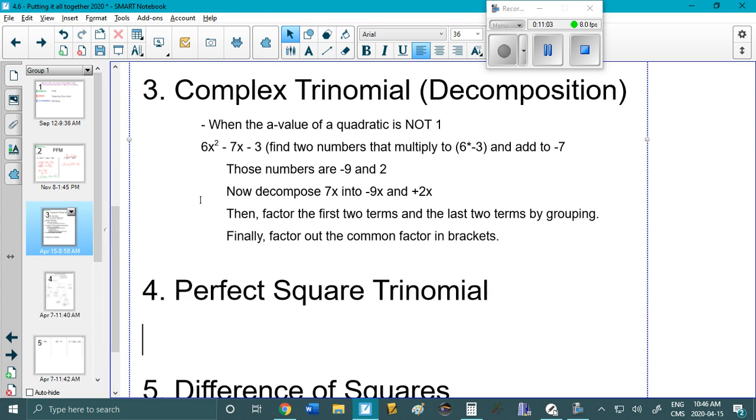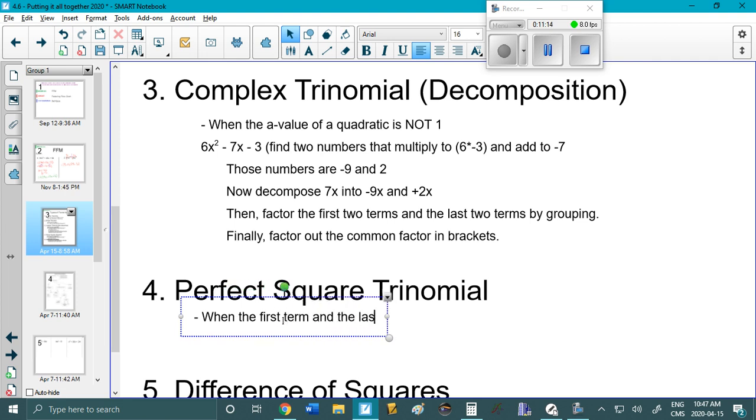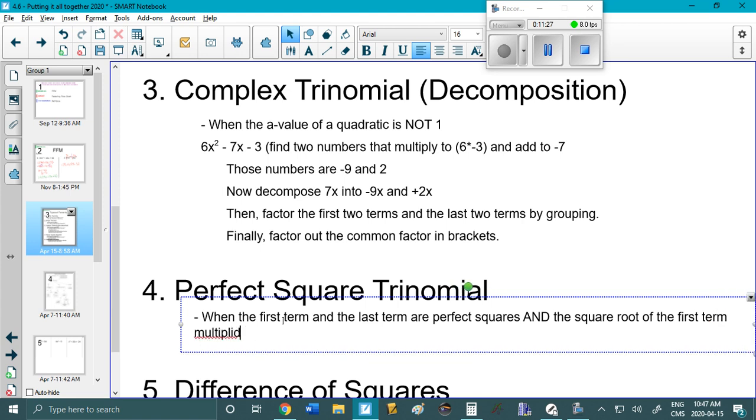Okay, so perfect squared trinomial is when the first term and the last term are perfect squares, and the square root of the first term multiplied by the square root of the last term, and then multiplied by 2 is the middle term.